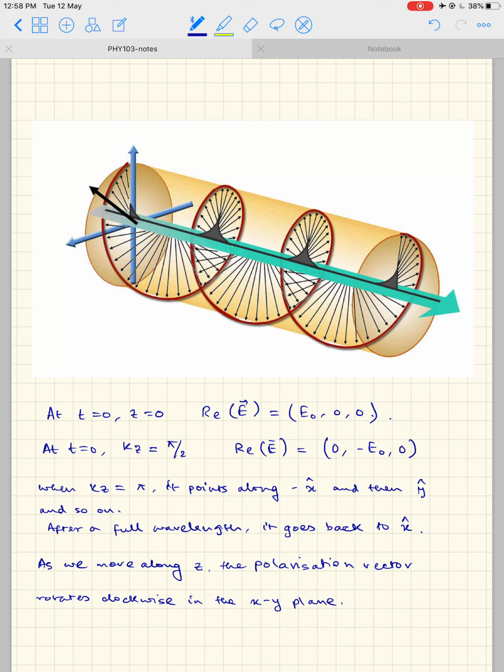Equivalently, at a given z, as time progresses, it also rotates in the xy plane.